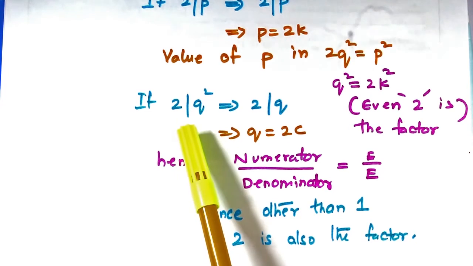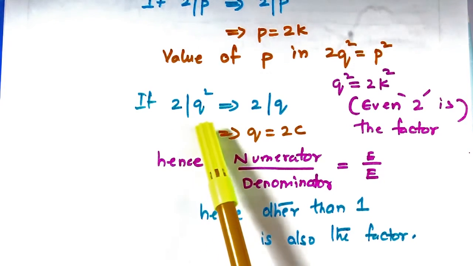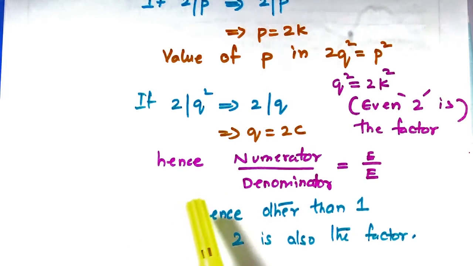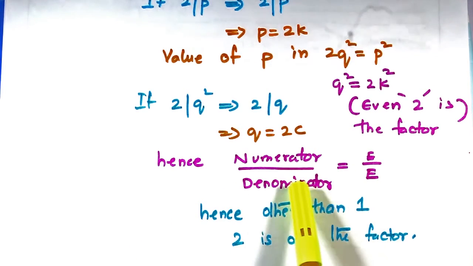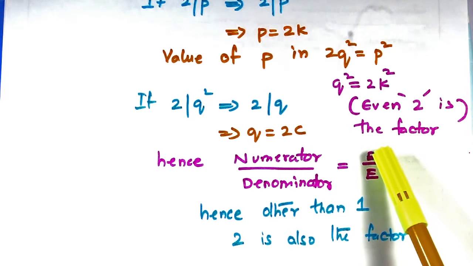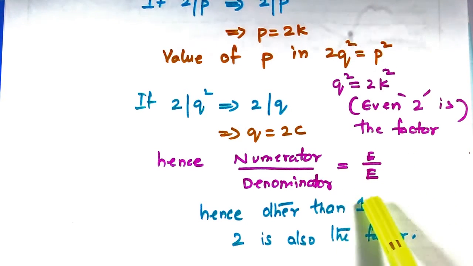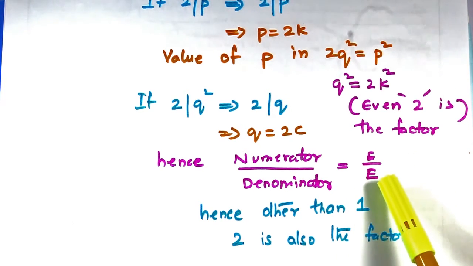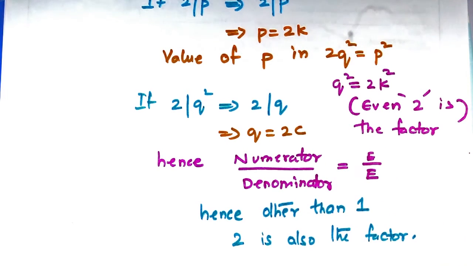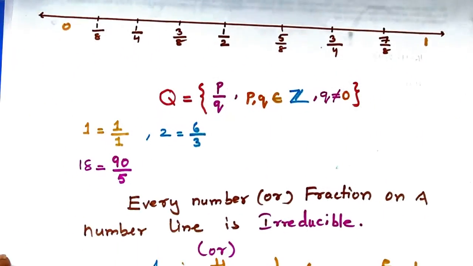Now again, the same thing we can apply over here. 2 divides q square, then 2 divides q, so q is equal to 2c. Hence, we can say that the numerator and the denominator have something in common, that is even number by even number. But as we have taken earlier, the numbers that we have taken are irreducible, meaning we cannot reduce them even further.